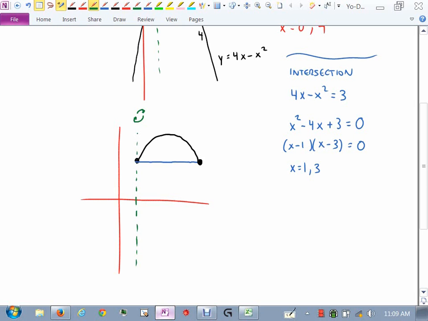So it says shells, but I think you could see that that's really the only thing we could do. If we try discs or washers, our rectangles would have to go horizontal, and the top and bottom would be the same function, so it wouldn't work. So this is one of those examples where shells would be our only option.